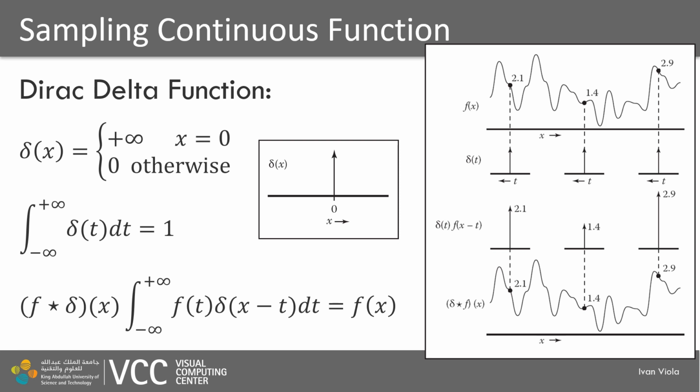We have here the Dirac delta function or Dirac delta impulse, which is defined in such a way that its value at x equals 0 is undefined but can be understood as plus infinity, and it is 0 elsewhere. So in the limit, this function basically has 0 values everywhere, but not at x equals 0.